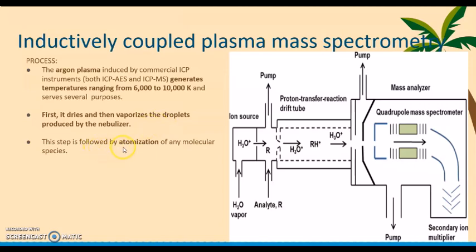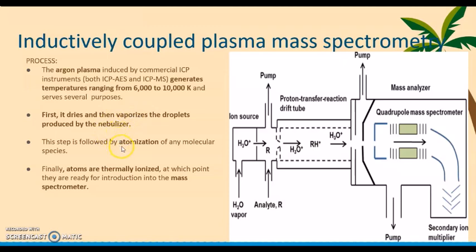This step is followed by atomization of any molecular species. And finally, the atoms are thermally ionized, at which point they are ready for the introduction into the mass spectrometer. Ayan. So, napaka-importante po na yung ating pong process dito, simula, the argon plasma will generate a very high temperature para po ma-dry at ma-vaporize yung ating pong mga droplets that is being produced by the nebulizer.